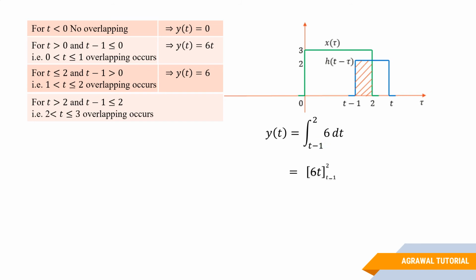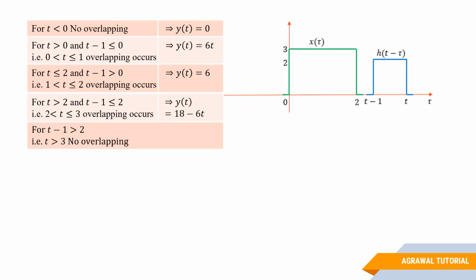On solving this, we get y of t is equal to 18 minus 6t. So, we get y of t is equal to 18 minus 6t for this region. And finally, for this region, that is t greater than 3, as no overlapping occurs, y of t remains 0.